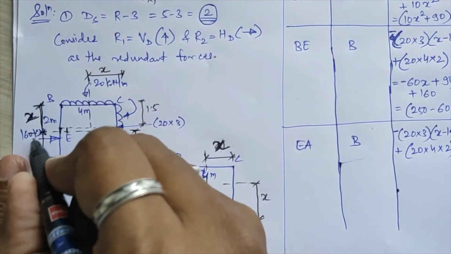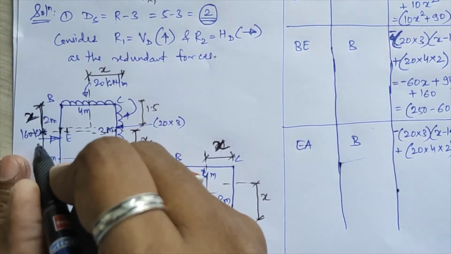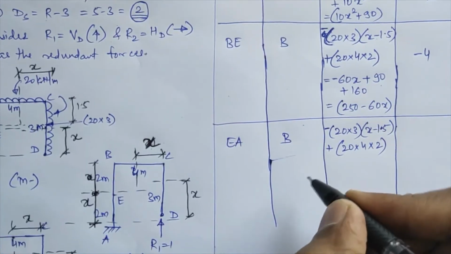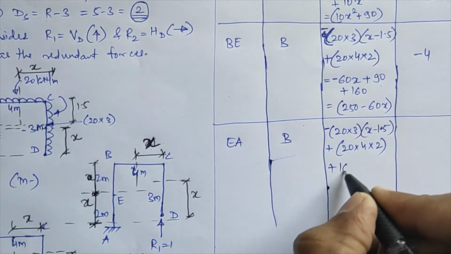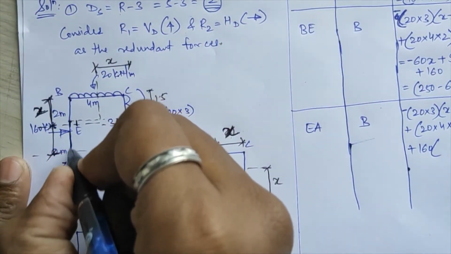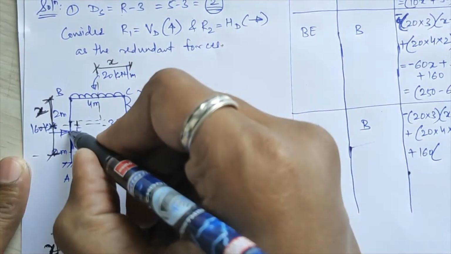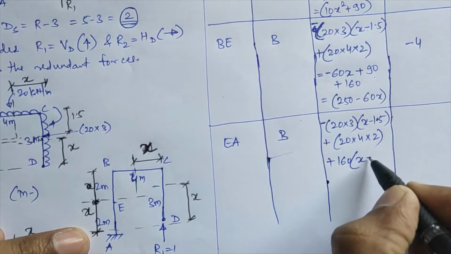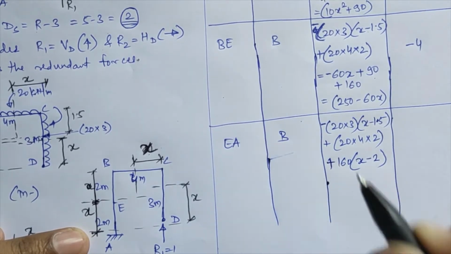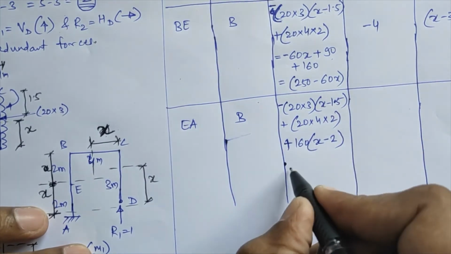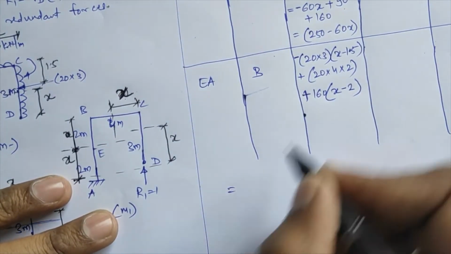Okay, now here one loading is increasing, that is the load of 160 kilonewton, and that moment will be clockwise. So here I'll write plus 160 into lever arm, for that this length will be needed. Okay, so for this length, that will be how much? x minus 2. So that comes here x minus 2, and that is a clockwise moment, so that comes positive over here. Okay, I'll simplify this, see what I'll get. Here I'll do the simplification.